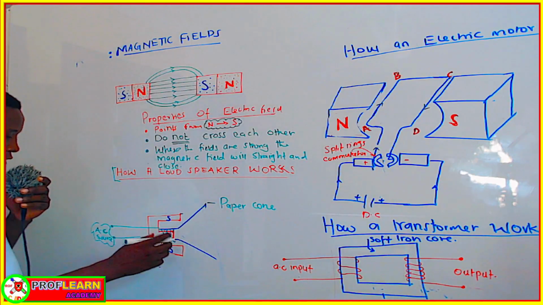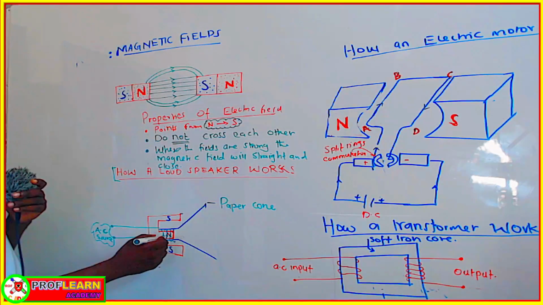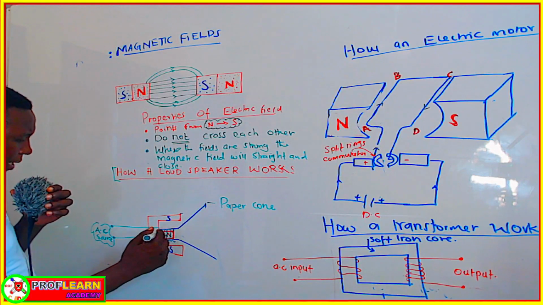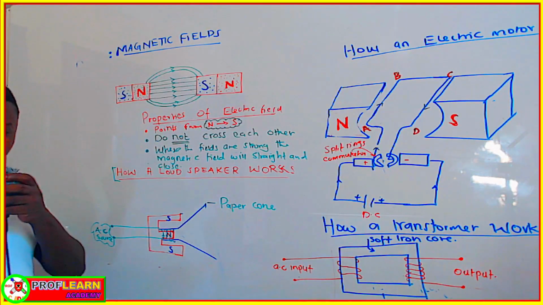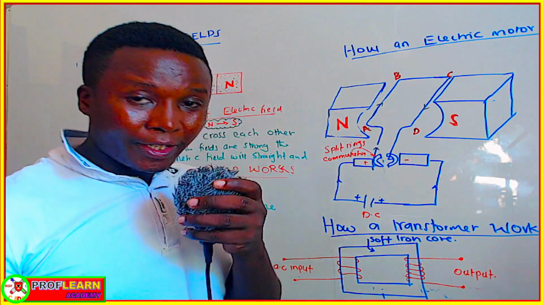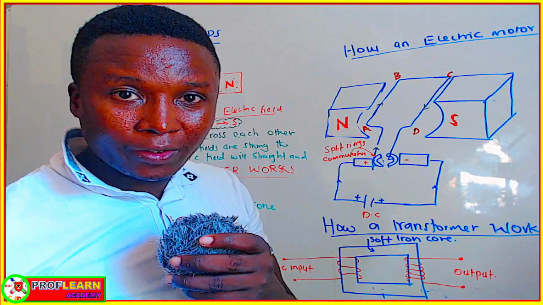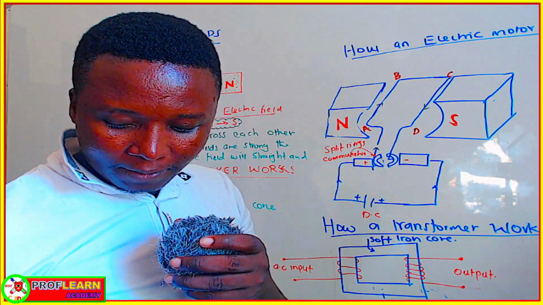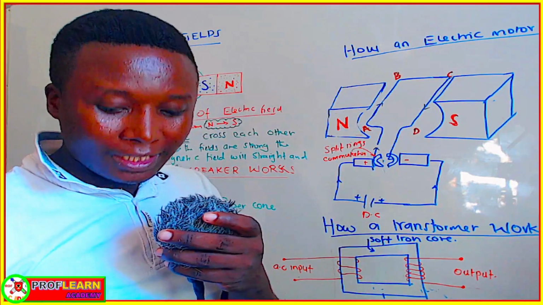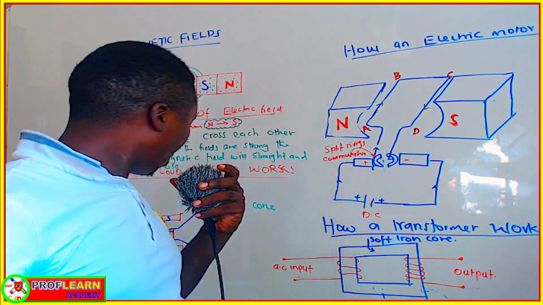So when current flows through the coil that we have here, magnetic fields are going to be created due to the flow of current. Whenever current is flowing through a conductor, magnetic fields will be created around that particular conductor.